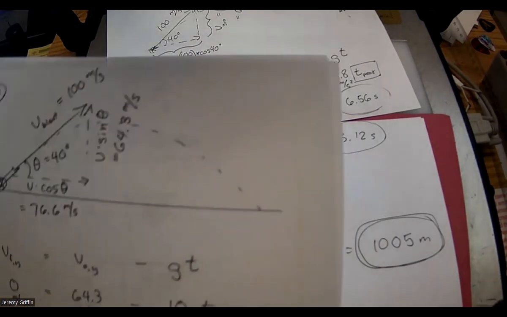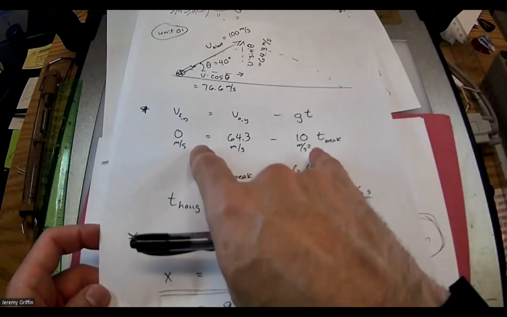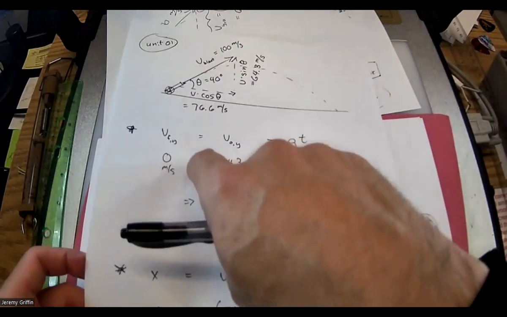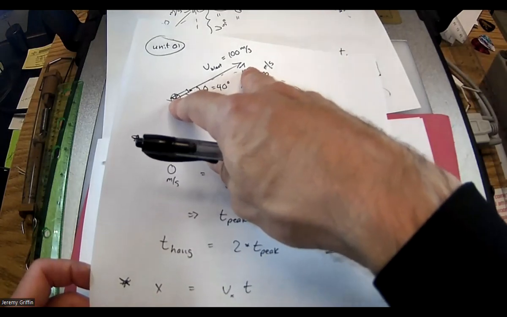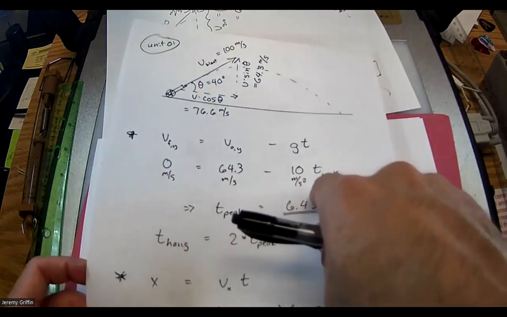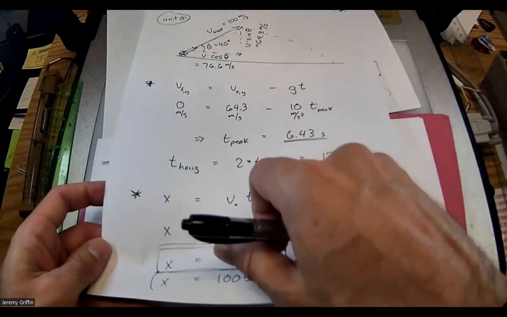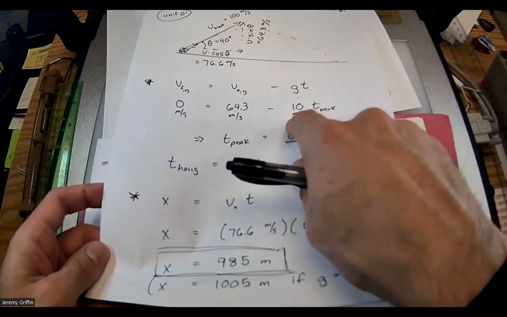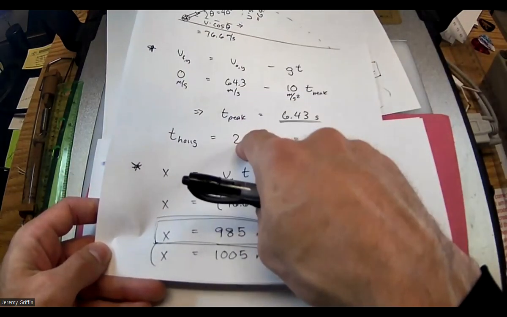To show you my solution from yesterday, I did a really similar thing here. I let the final vertical component velocity go to 0, so you can get the time to the peak. Multiply that by 2 to get the hang time. I was using 10 meters per second squared initially. This is all vertical motion to determine the time.